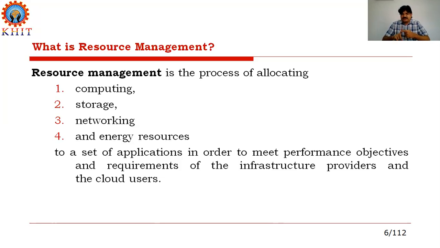These resources are maintained by cloud service providers like Amazon or Google Cloud. They maintain resources like computing, storage, networking, and energy, not limited to these only. How we can manage these resources, we will see in this topic now.